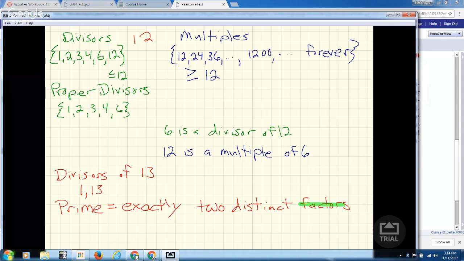So factor is the same thing as divisor. So primes are special. When we're talking about whole numbers, a number is either prime or it's composite. Composite means more than 2 factors.